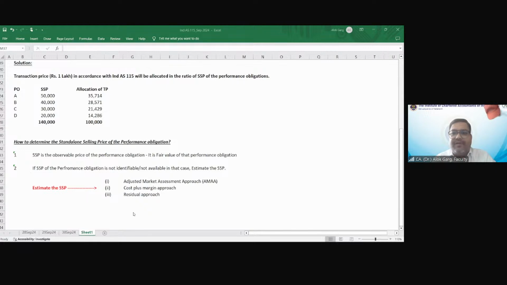So friends, the AMMA approach is the adjusted market assessment approach. You need to take the price of your competitor and adjust it with your cost and margin, and with your sense of the market and your sense of business. Do some sensitivity and adjustments, and then you will arrive at the standalone selling price of those goods.